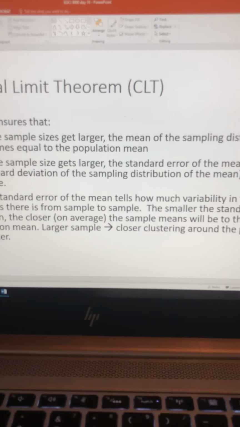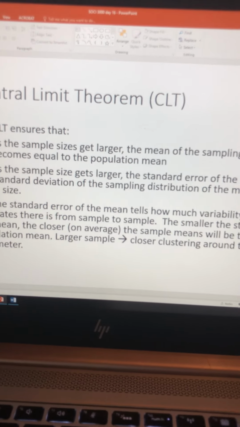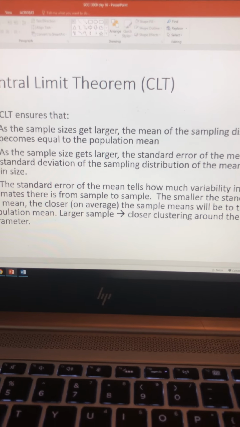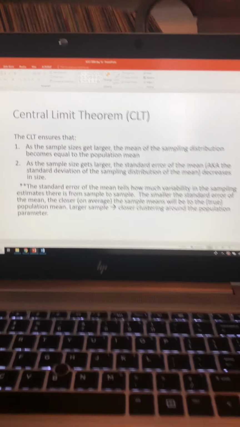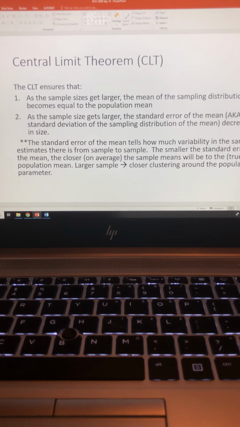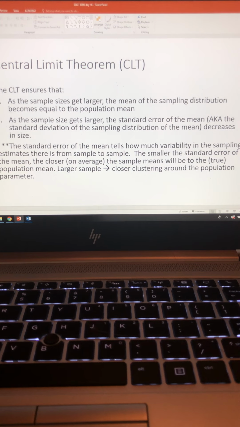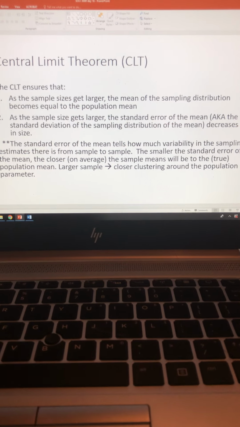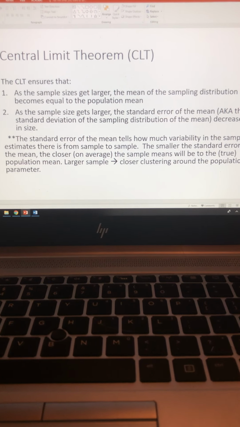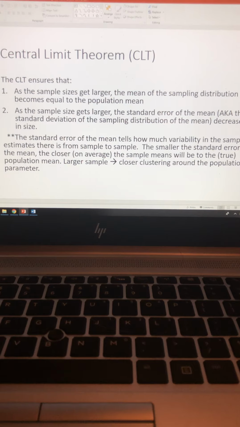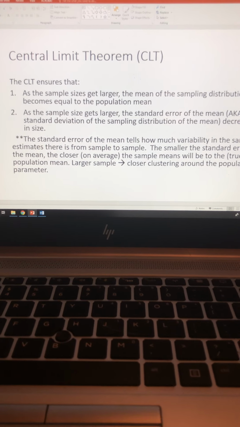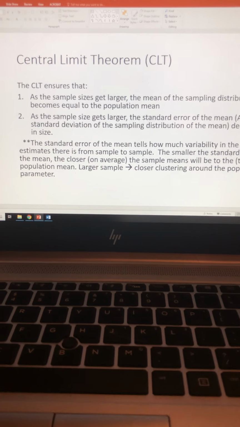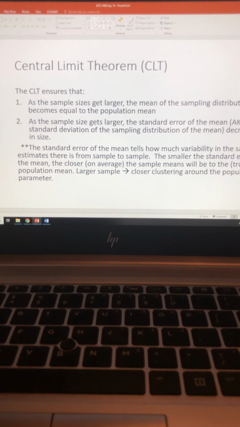Okay. Point number 1, as the sample gets larger, the mean of the sampling distribution becomes equal to the population mean. Okay. That's the central tendency part. Again, we always talk about the average and the spread. A lot of statistics comes down to, what's the typical number and what's the variability within it.